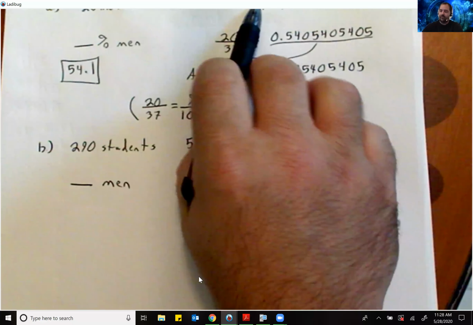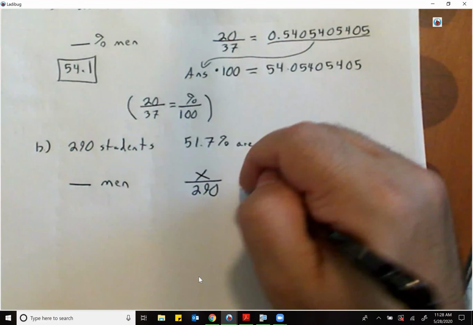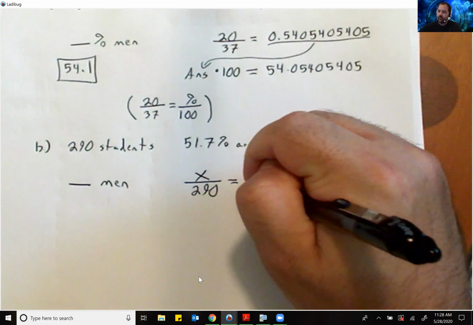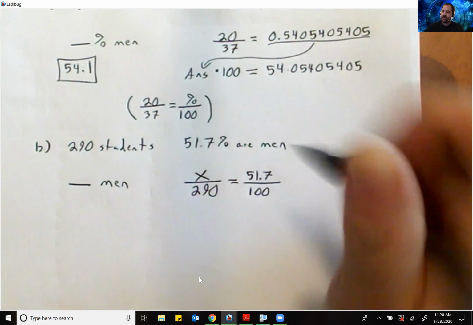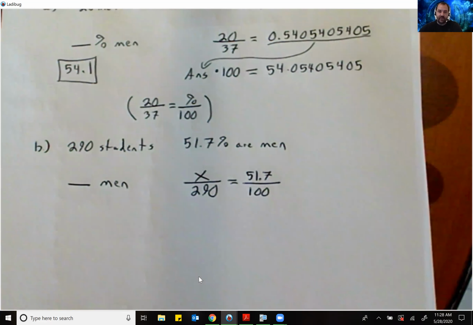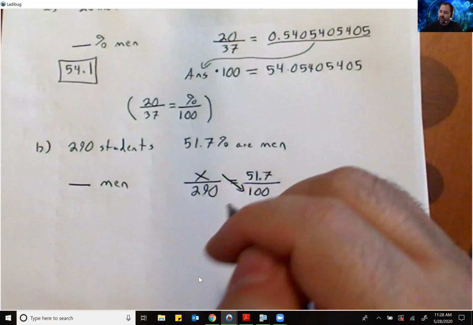But we don't know how many men, right? And that should be equal to 51.7 all over 100 because that was my percent, and percents are out of 100. This is exactly how I would teach it in class. It's like solving proportions. So all we do is cross multiply. So x times 100 is 100x.